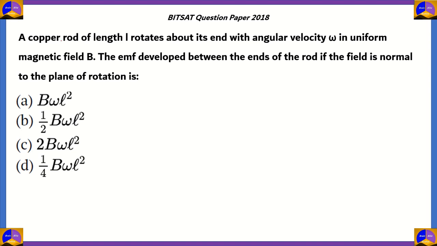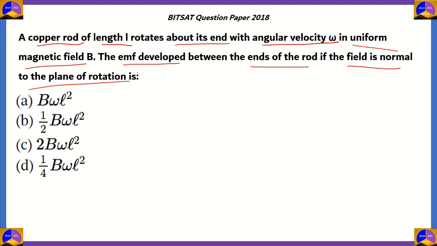Next question. A copper rod of length L rotates about its end with an angular velocity omega in a uniform magnetic field B. The EMF developed between the ends of the rod, if the field is normal to the plane of rotation, is. So how do we solve this question?